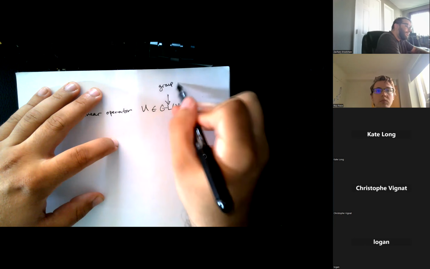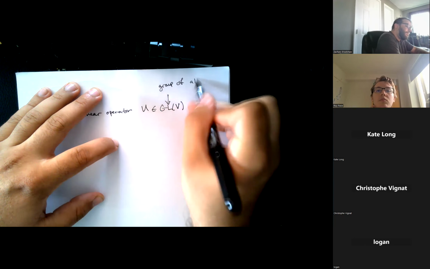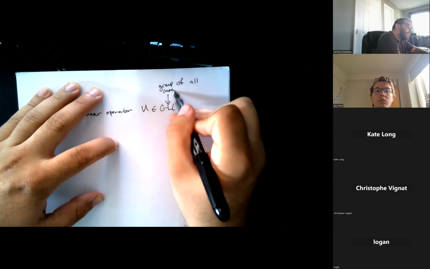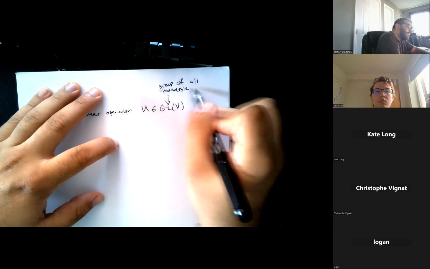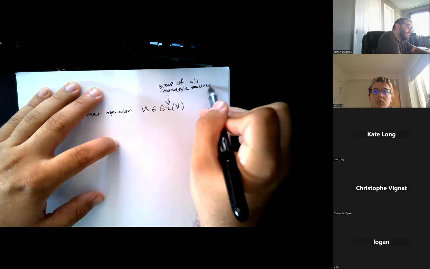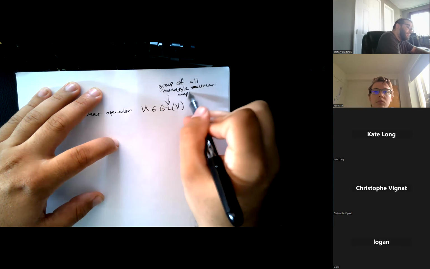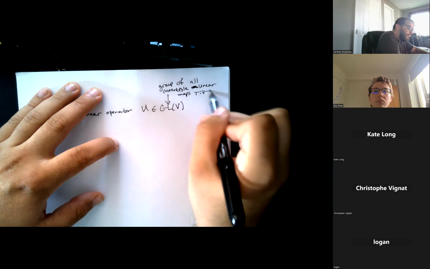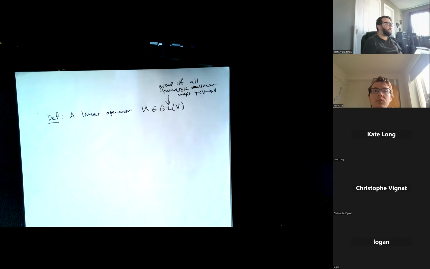It's a group of all invertible linear maps from V to V. So it's called the general linear group on V.